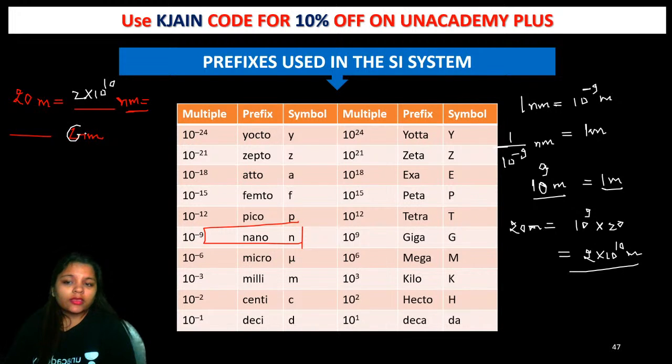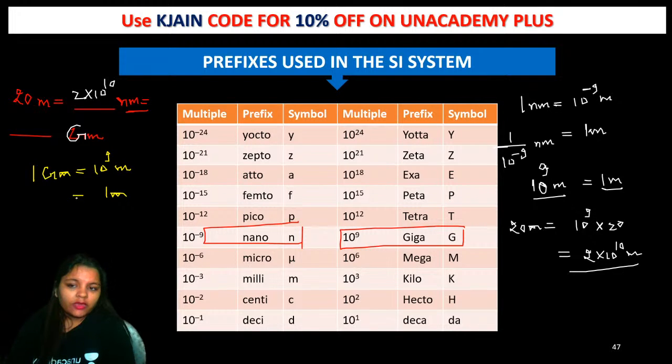Now it is asking 20 meter is how much gigameter. So let's search for gigameter here in the table. Here it is written. So I can say 1 gigameter is equal to 10 to the 9 meter.